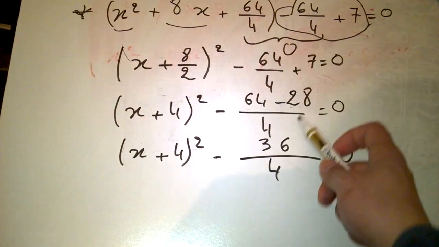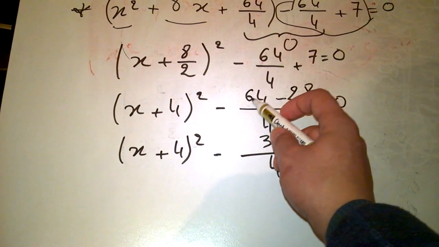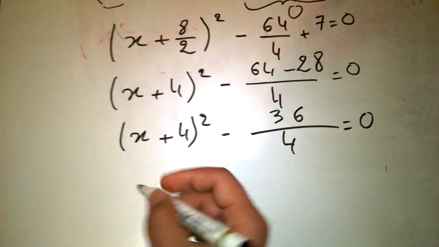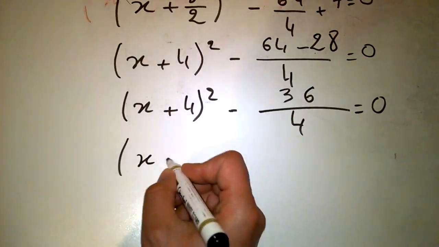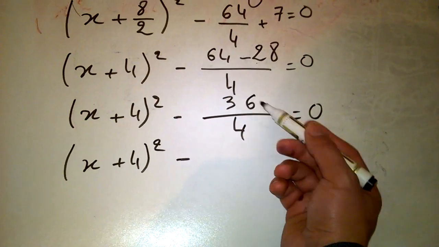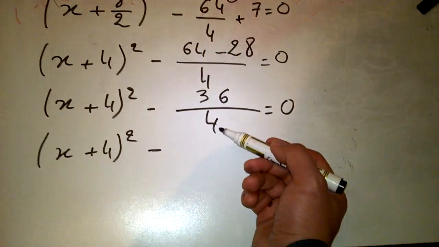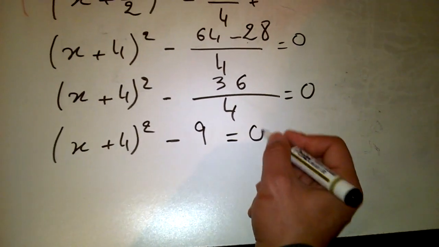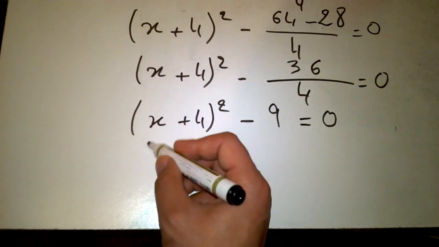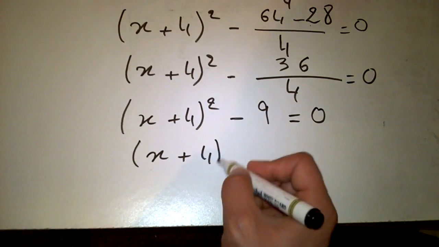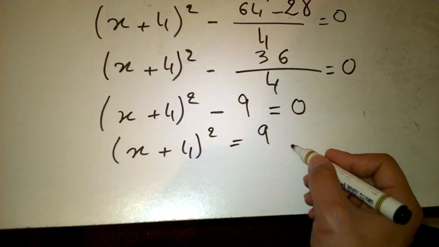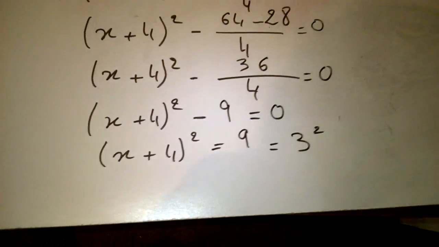So this is x plus 4 square minus 36 over 4, and 36 over 4 is 9, is equal to 0. And this 9 we can take to the other side, so x plus 4 square is equal to plus 9, which is 3 square.